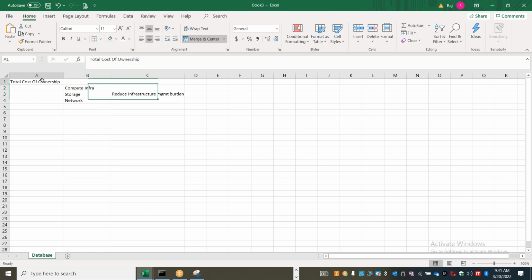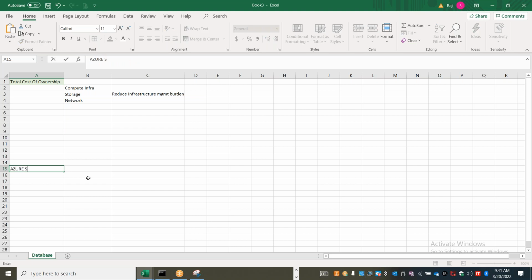Now, since we are talking about databases, they come in multiple flavors on the Azure platform. Azure provides a lot of different options, and I'll come to those. On a very high level, I'll start with an example.